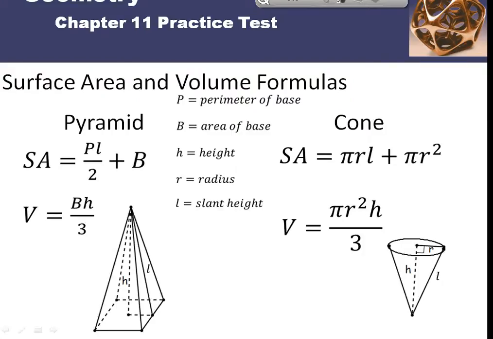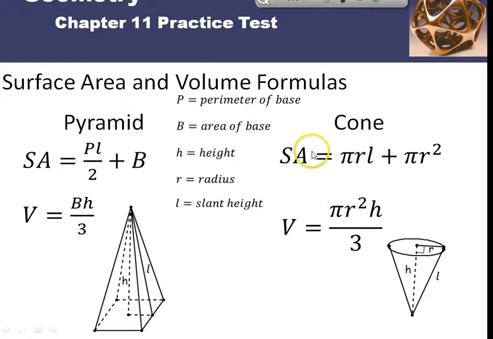Now, when I had you take pictures of these in class, I had the wrong formula down for cone. I had written cylinder instead of cone, and I had pi RL over 2.